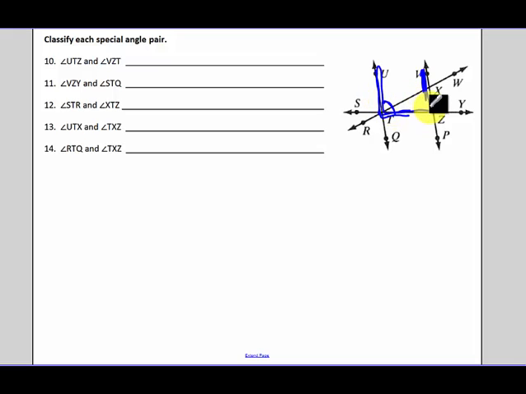So this angle and this angle, you've highlighted your transversal, your other two lines. Well, that's going to be same side and the interior. So these are same side interiors. Same side of the transversal, and they're in between. So it's same side interior.